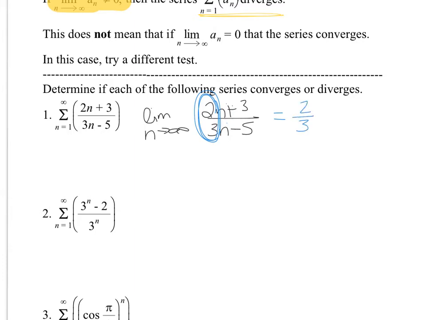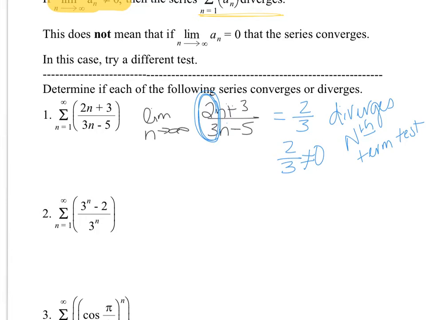That is an easy one, and it is not 0, so it diverges. So you would say 2/3 does not equal 0, so it diverges by the nth term test. You need to show the rules whenever you do these.